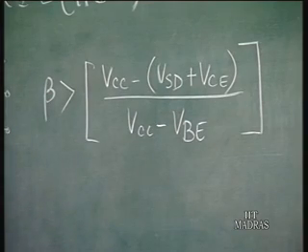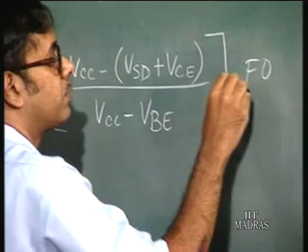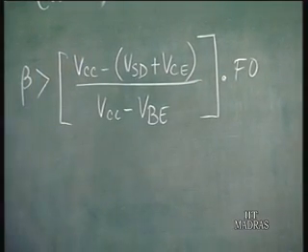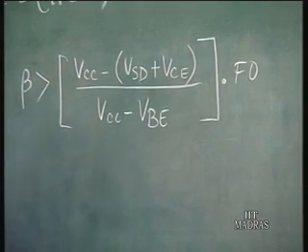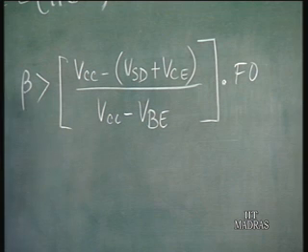This was the relation, multiplied by the fan out, that is the number of outputs of that particular transistor. This was the relation which we had derived in the last class.